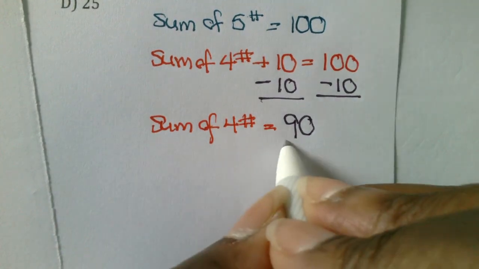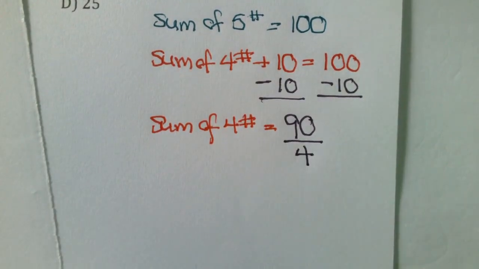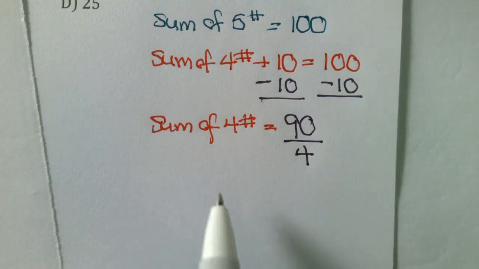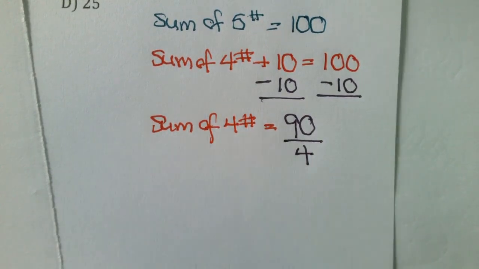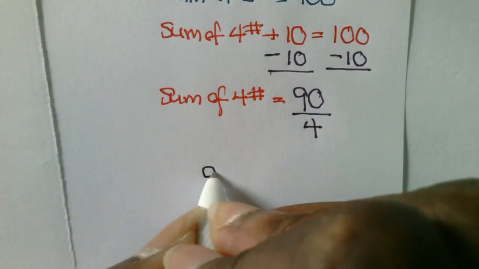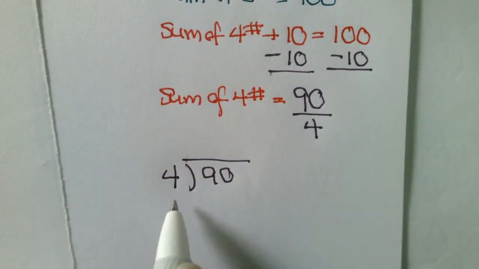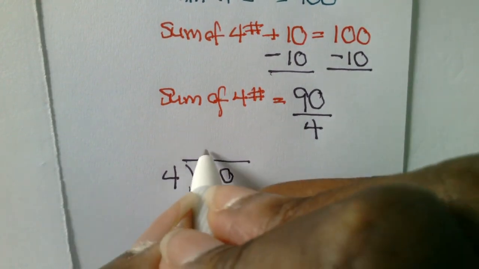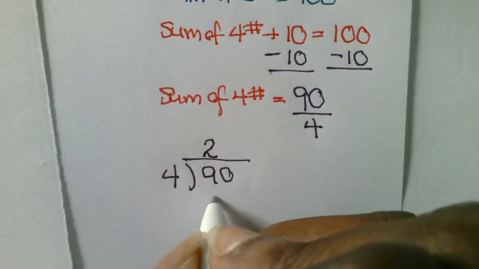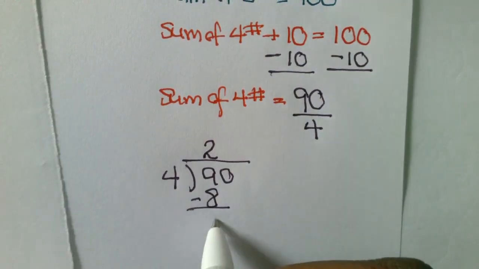So this 90, I need to divide by 4, so I could find the mean of these 4 numbers. So I have my 90 divided by 4. How many 4s can go into 9? Well, 2 of them. 9 minus 8, that gives me 1.